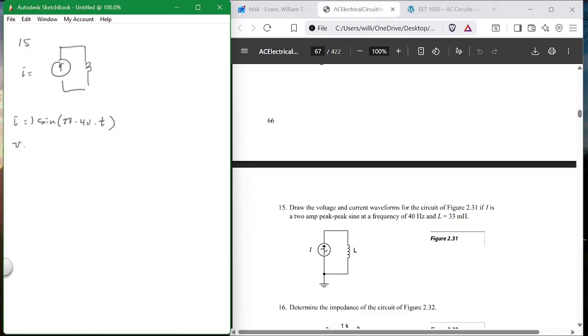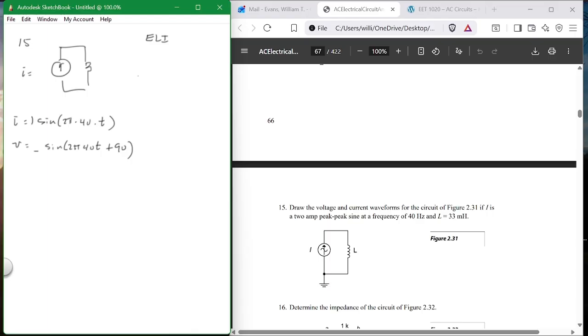Now, what will be the voltage? It'll be some number times sine of 2 pi times 40 times T. This is an L, ELI, right? Plus 90.